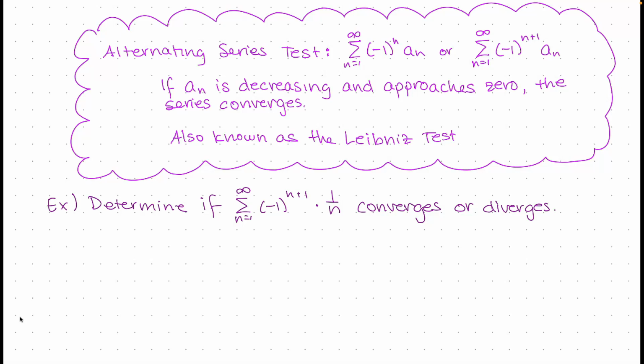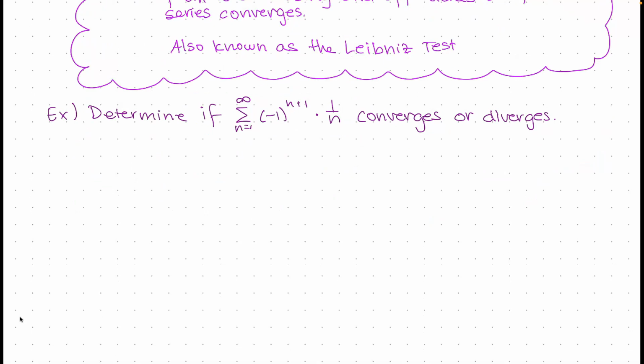Let's write this down, though. Let's write it out. The summation from n equals 1 to infinity of (-1)^(n+1) times 1 over n. What you do need to do is establish that you have an alternating series, and determine the a sub n part. So this is an alternating series.